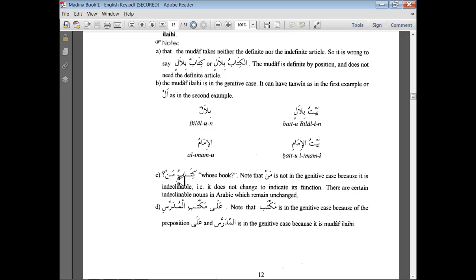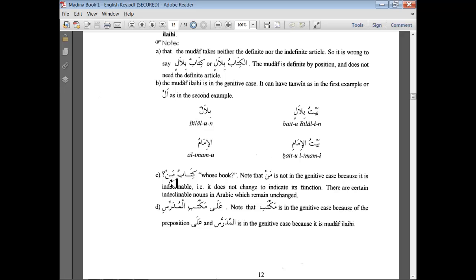It is because this is a type of noun that is indeclinable, and we call it mebni. Well, actually we have ma'rab, which is declinable, and mebni, which does not decline.